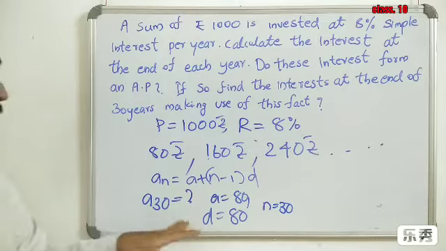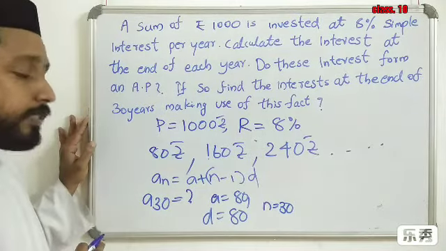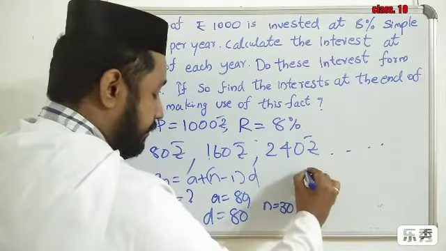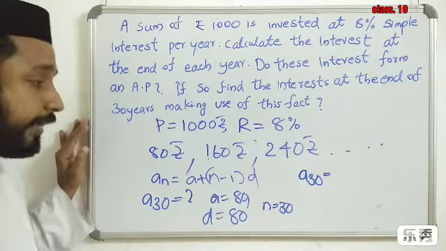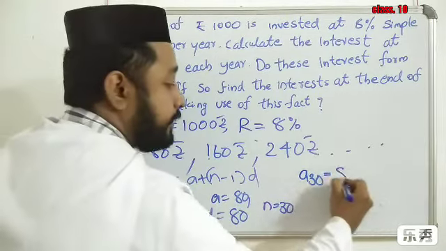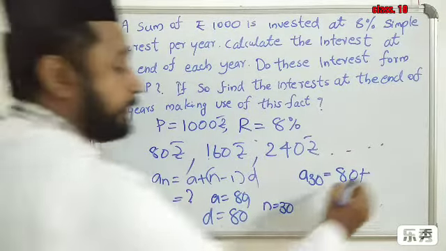Let's substitute these values in the equation a_n is equal to a plus (n minus 1) into d. We have to find a_30. So a_30 is equal to a, which is 80, plus (n minus 1), where n is 30.